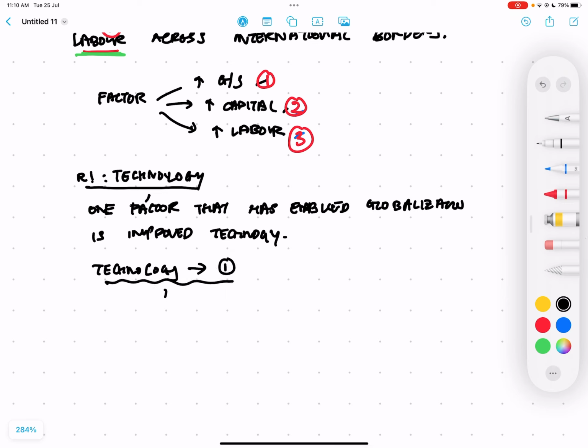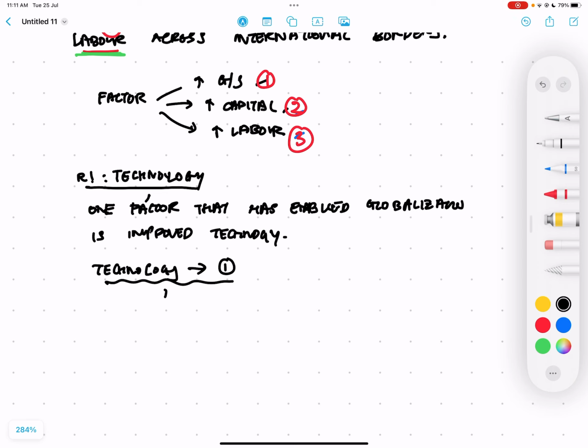Here I'm going to go through lower transport costs. If you have better technology, transport costs tend to be lower. One of the assumptions of the theory of comparative advantage was that transport costs were 0. So the closer you get to that assumption, where transport costs are very low in comparison to the value of the cargo you are moving, the more gains there are from the theory of comparative advantage.